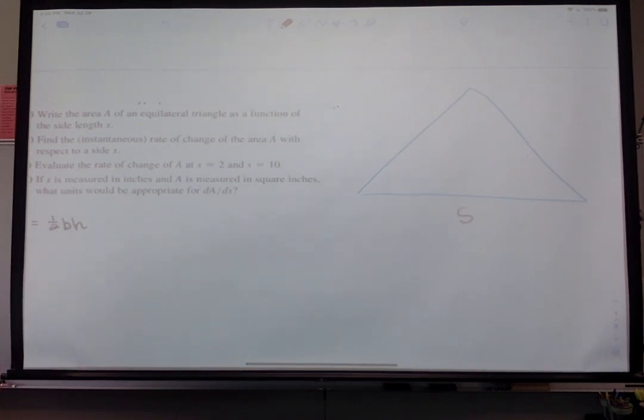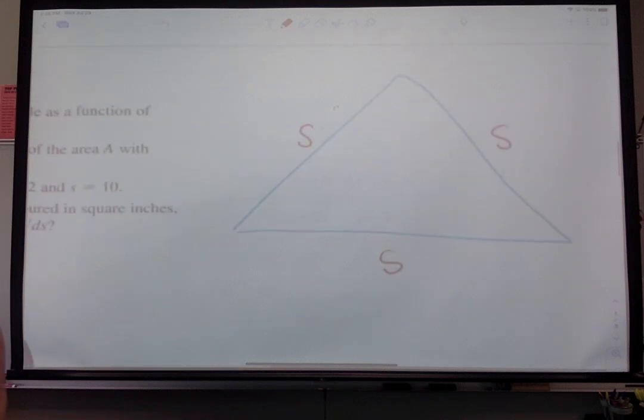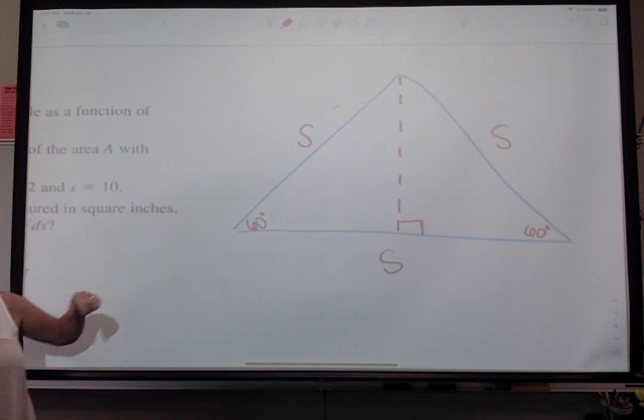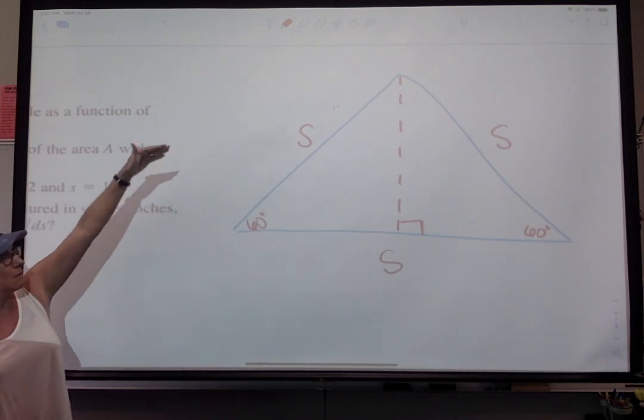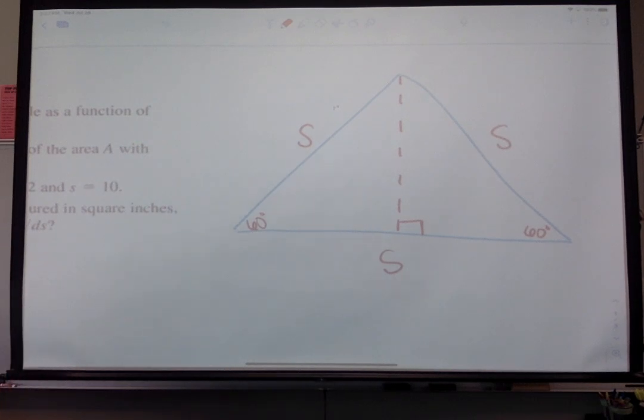So this is s, this is s, this is s. Each angle is 60 degrees. But wait, I'm going to draw the height of the triangle right here, so that I've split my top angle into 30 and 30.